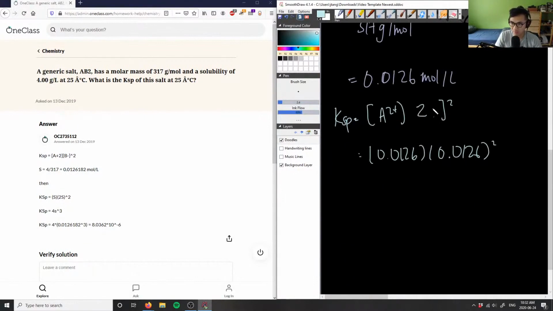You can think of it as 2s for the minus ion. So this is going to be multiplied by 2.